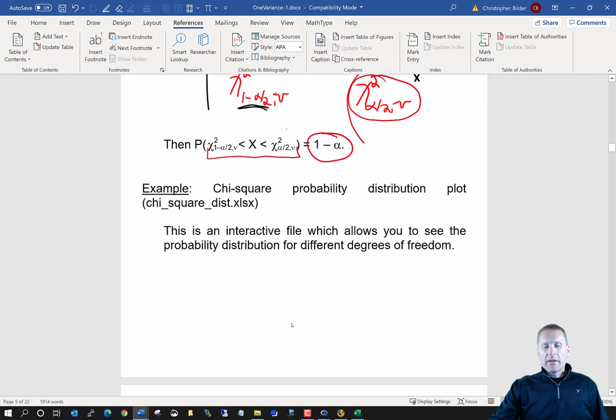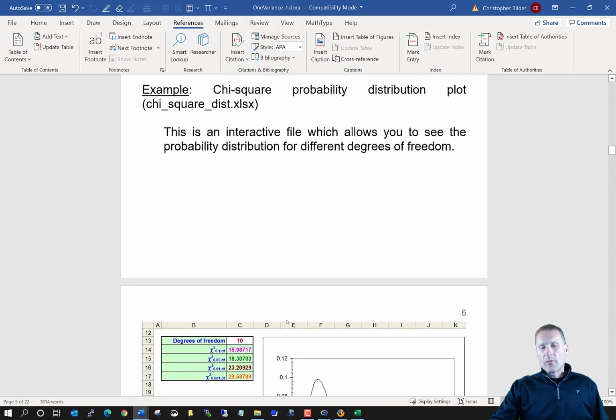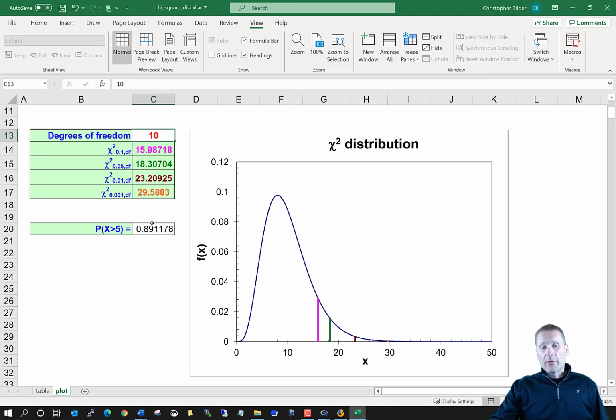So what I've done to help you understand this particular probability distribution is I've created this interactive Excel file for you. So let's say that degrees of freedom is 10. This is all drawn to scale. And I want this quantile for my chi-squared distribution such that the area to the right of it is 0.1.